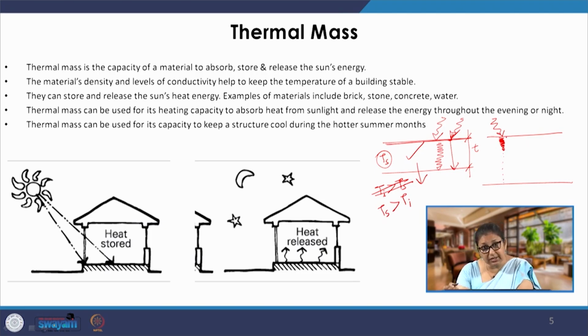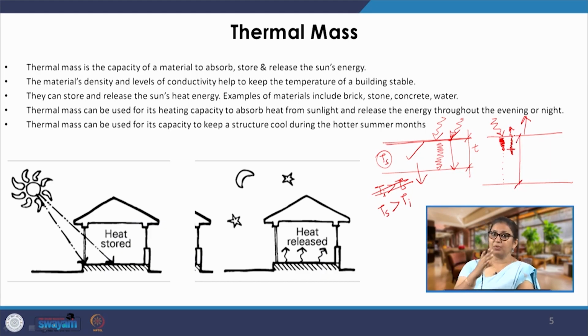Now, when the re-emission is going to happen, from this point the heat is going to be released further and there will be very little portion which will be transmitted further. Overall, more heat is going to be re-emitted back outside, and that is how thermal mass will work. Now, the time which is taken will create the time lag that we see.